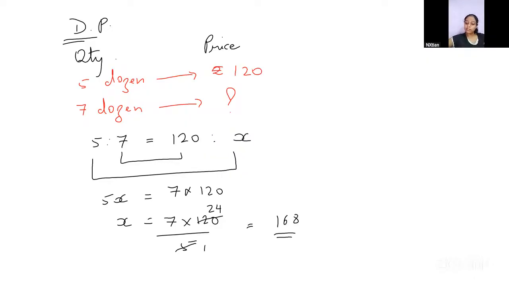The 7 dozen price will be 168. Now see, you can also use the unitary method here.